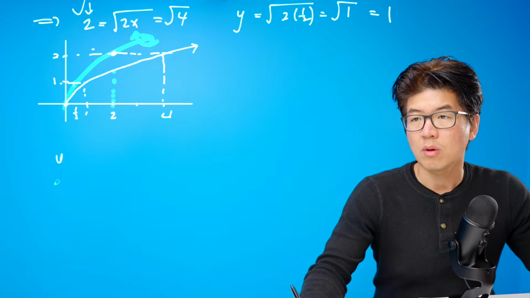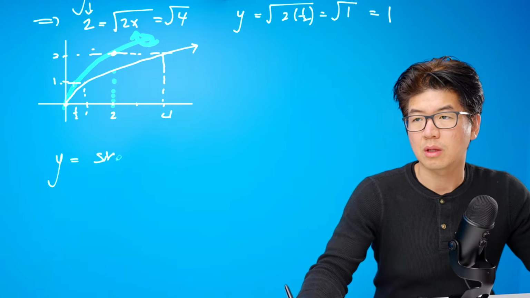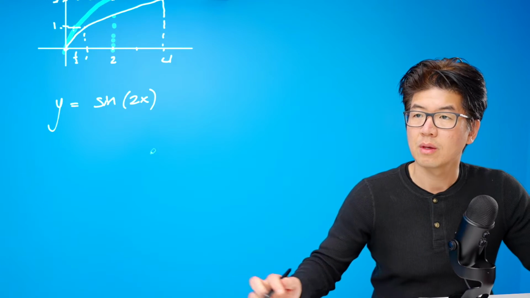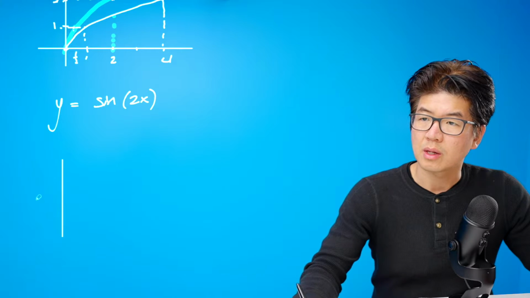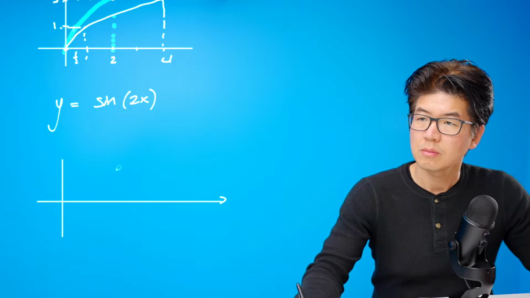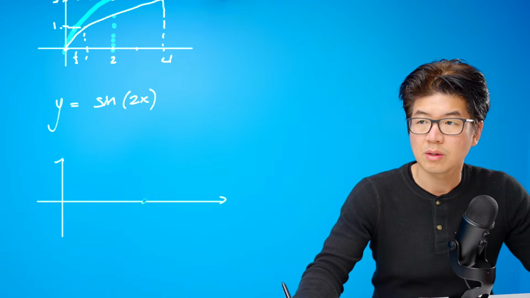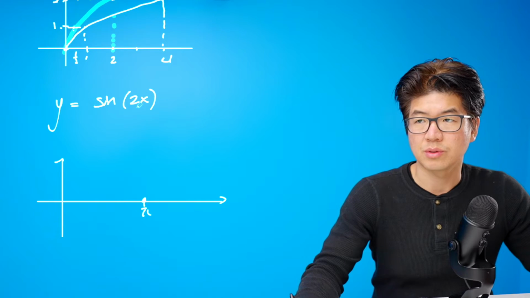So what would happen if you put 2x instead of x for sine? Note that if I put pi in here, I get sine of 2 pi. So at pi, we get 0 still.